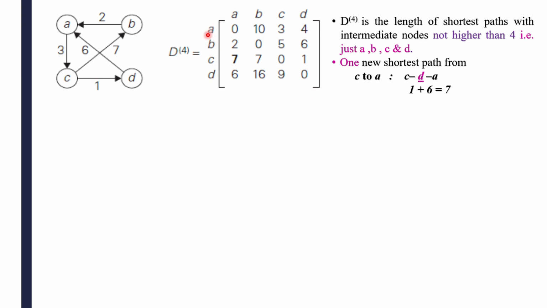All pair means what? From A to ABCD path, B to ABCD path, C to ABCD path, and D to ABCD path. These are the sources and these are the destinations. Every time one vertex is taken as a source and all the remaining are considered destinations, and based on that you have to find the path, and that path must be the shortest one.